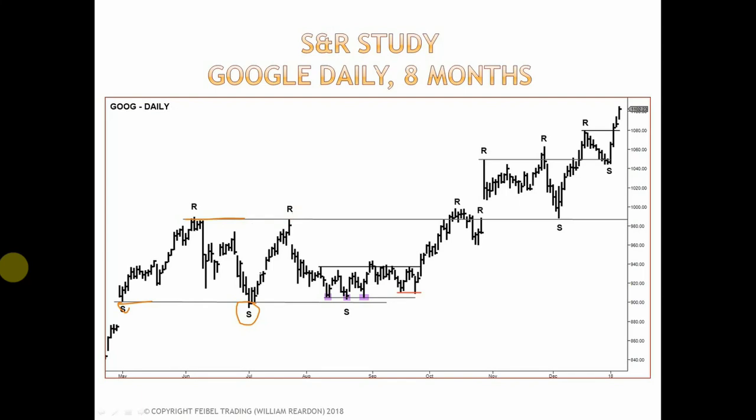We'd expect this drive up for this resistance to hold, and indeed it does hold. If we were to upthrust here, come up, reverse, break that high and close low, that would be an excellent trade, but this doesn't occur.